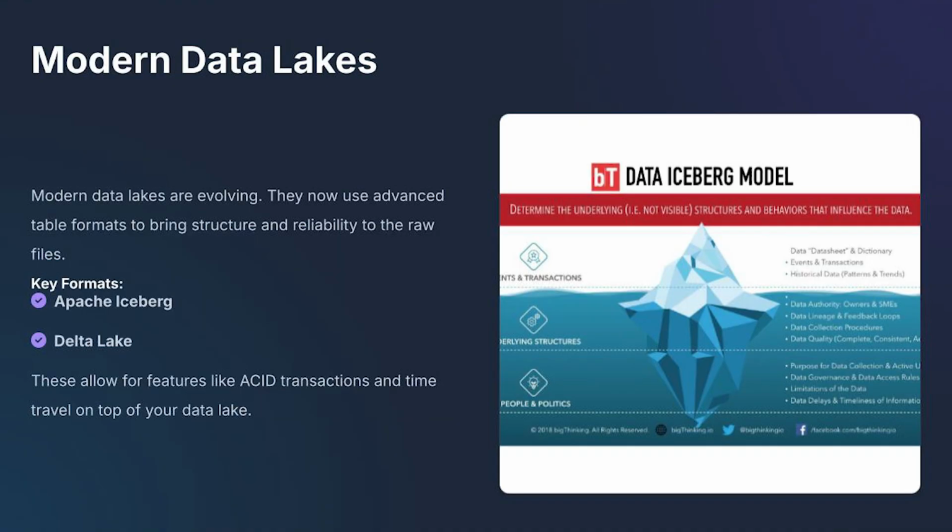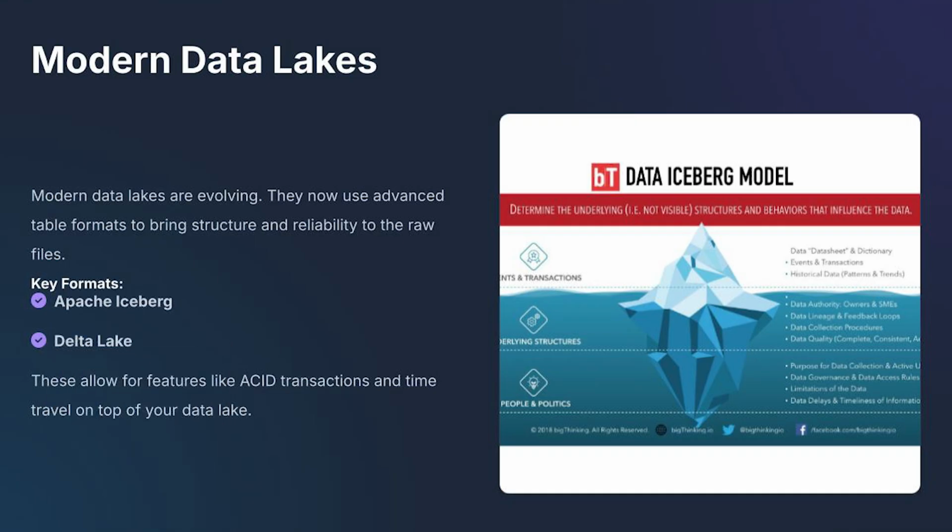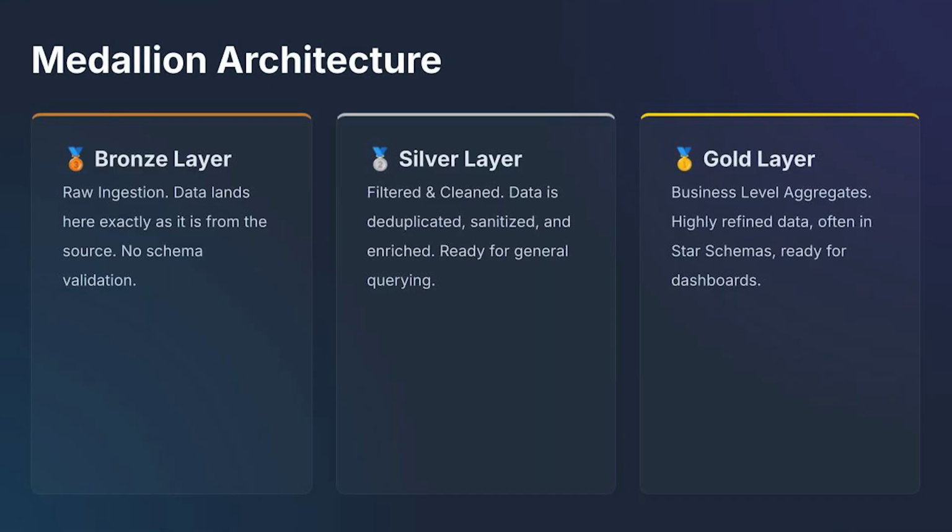So modern data lakes now use table formats like Delta Lake or even Apache Iceberg, giving raw files database-like readability, schema evolution, and even time travel for version control. But governance is key as well to track lineage and ownership. So a good rule of thumb is going to be a Medallion Architecture, which is your bronze layer is going to be your raw data.